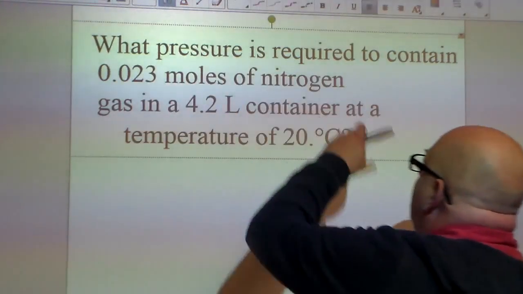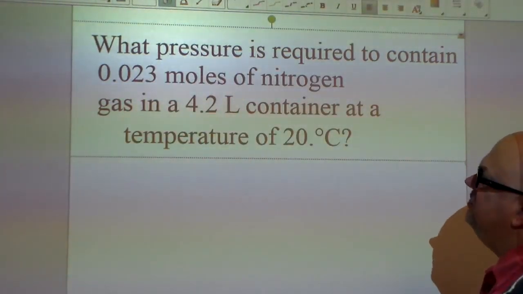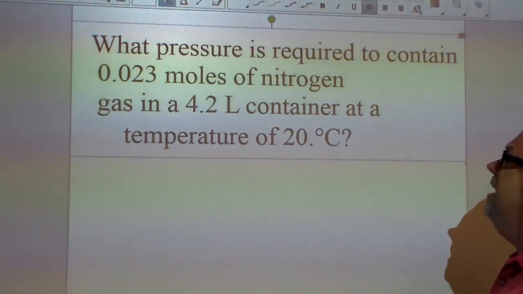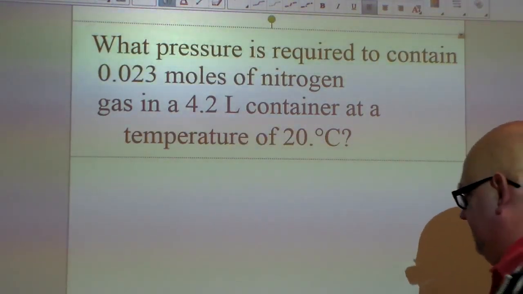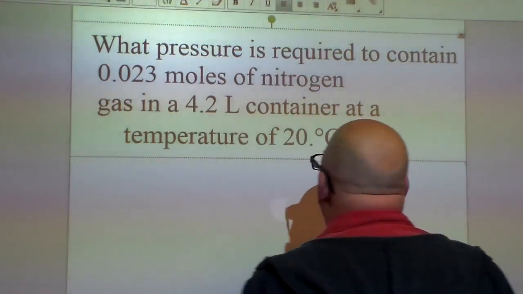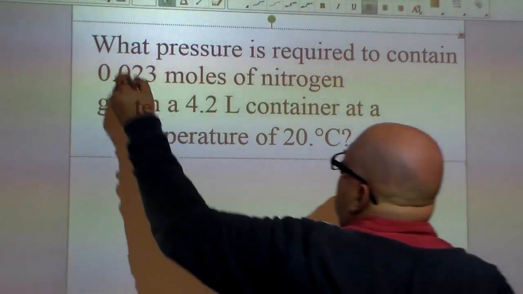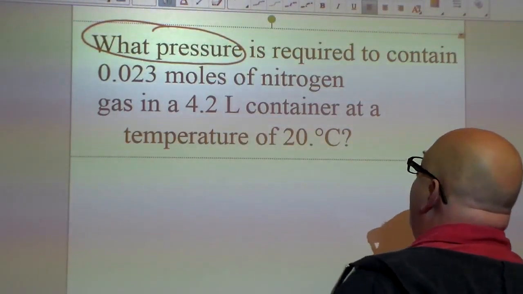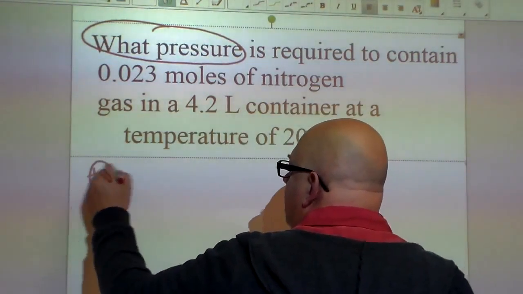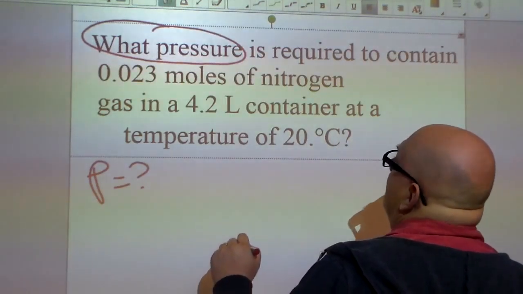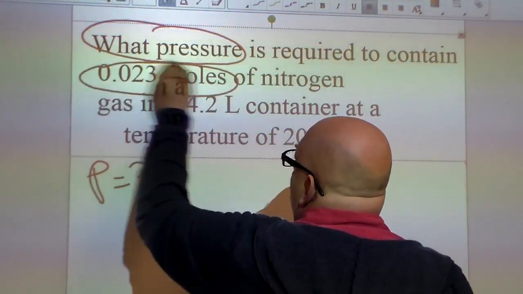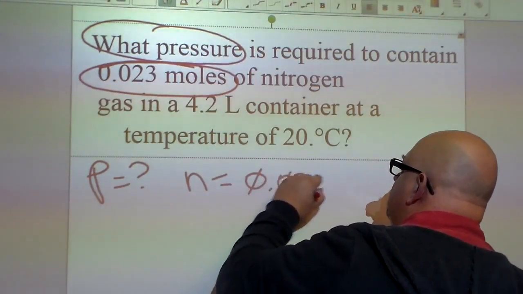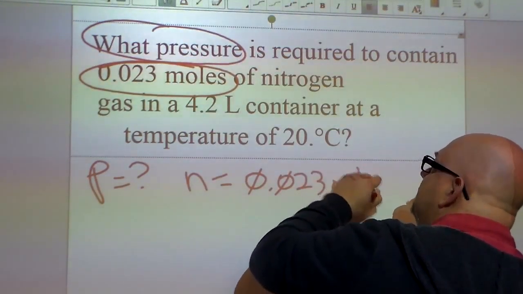What pressure is required to contain 0.023 moles of nitrogen gas in a 4.2 liter container at a temperature of 20 Celsius? Let's identify our parts here. What pressure? Guess what that means? That's what we have to find out, so our pressure is a big question mark. We have n, they gave it to us, it's 0.023 moles.